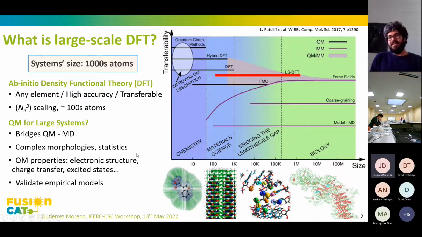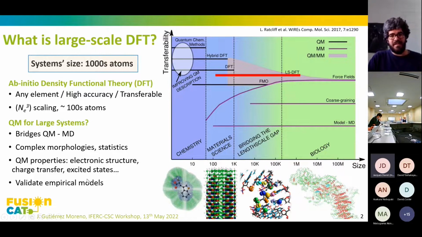Of course, having the chance of simulating larger models gives us the possibility to build more complex structures and to get better statistics and better models, or models that are closer to the real ones. Also, we can access quantum mechanical properties that are not accessible in classical models, like electronic structure, excitations, charge transfers, or those kinds of effects that are very important in materials.